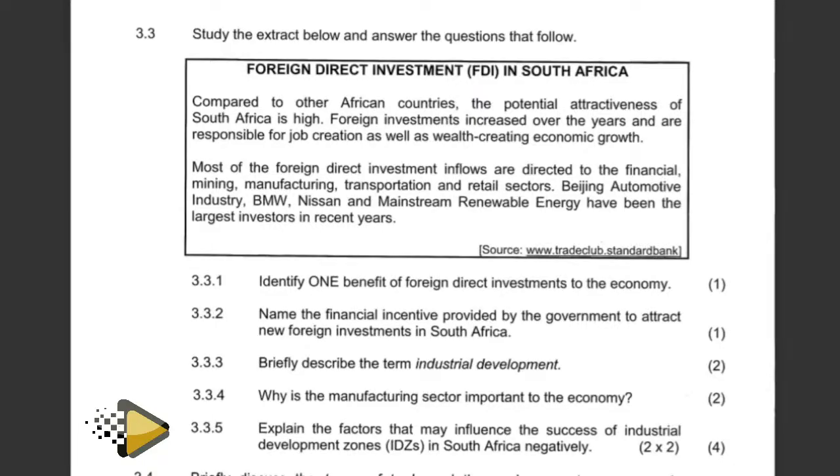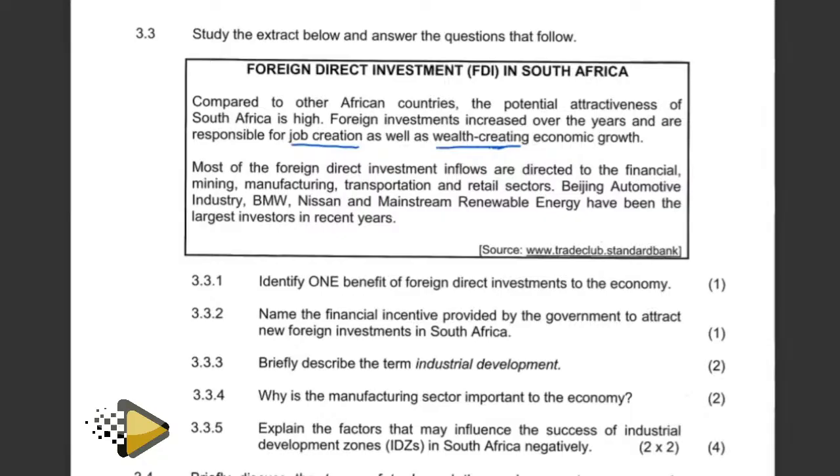Foreign direct investment in South Africa, compared to other African countries: the potential attractiveness of South Africa is high. Foreign investments have increased over the years and are responsible for job creation, wealth creation and economic growth.